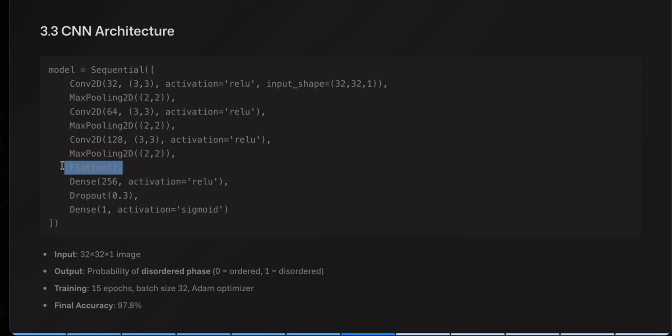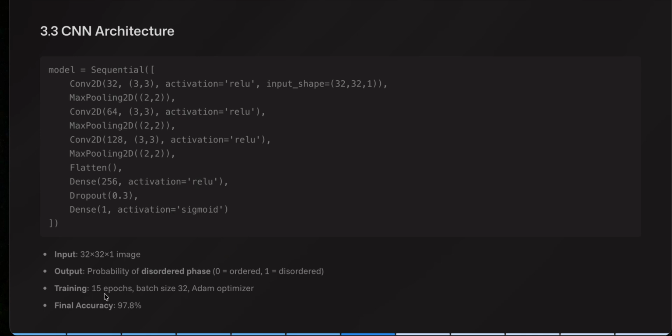Flatten converts the 2D map to a 1D vector, and Dense 256 combines features for reasoning. Dropout randomly ignores 30% of neurons and prevents overfitting. This is the output probability, which is 0 for ordered and 1 for disordered.